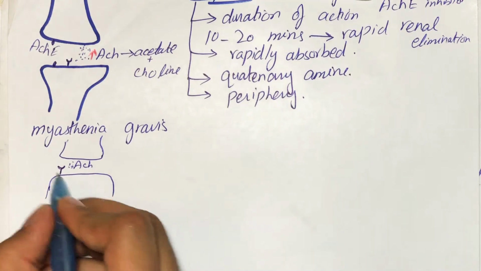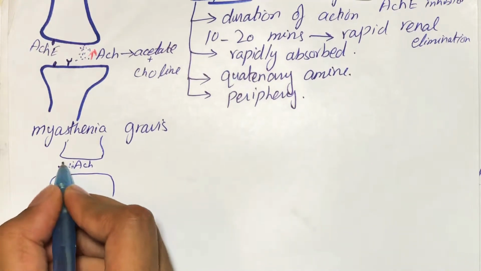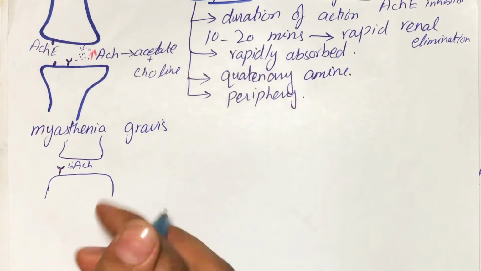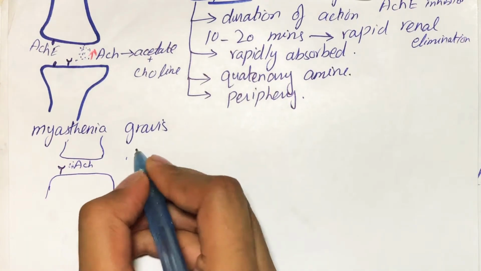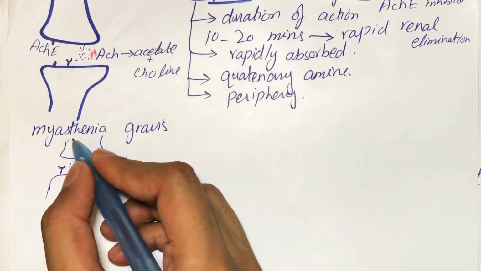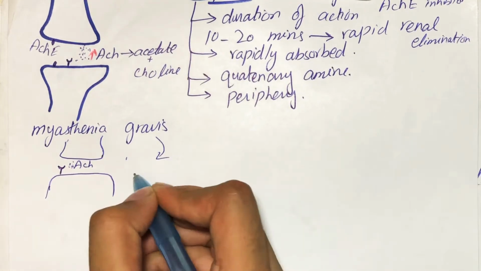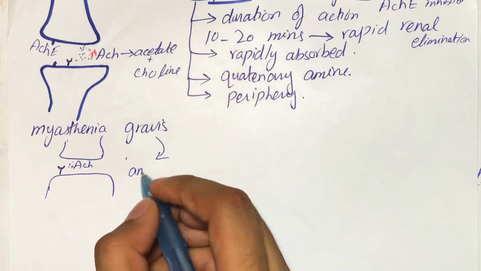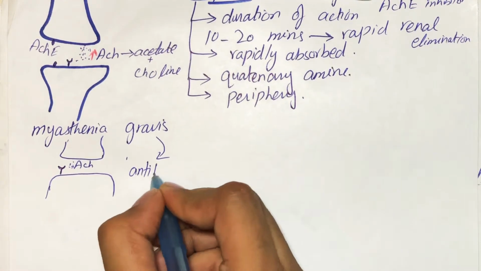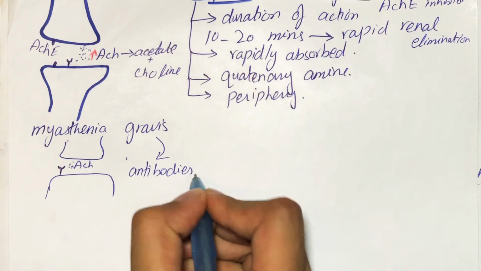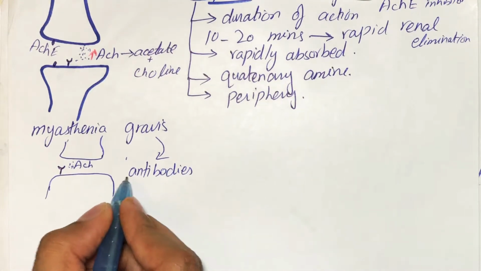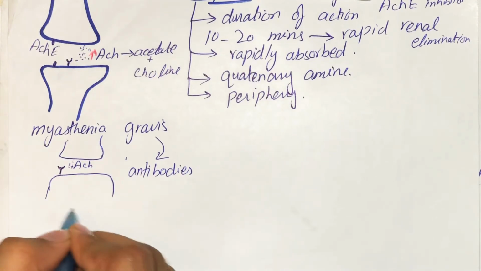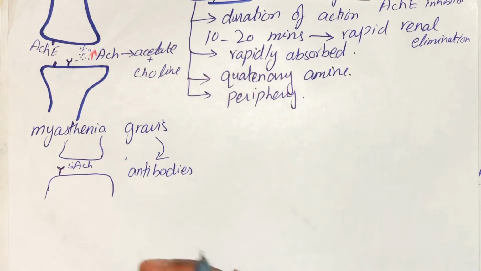What happens is that these nicotinic receptors are occupied by antibodies in this condition. There is formation of autoantibodies which attach themselves to the nicotinic receptors present on the neuromuscular junction.